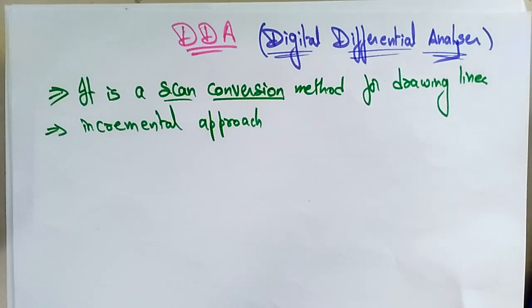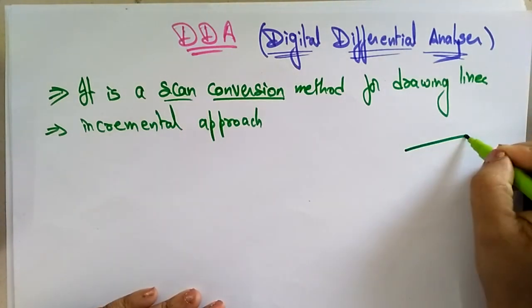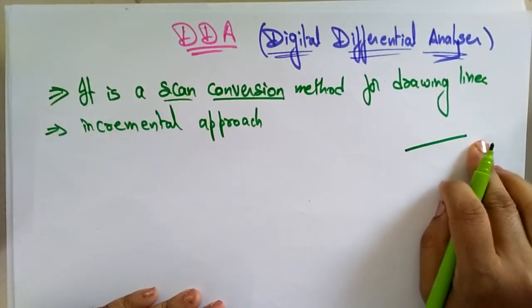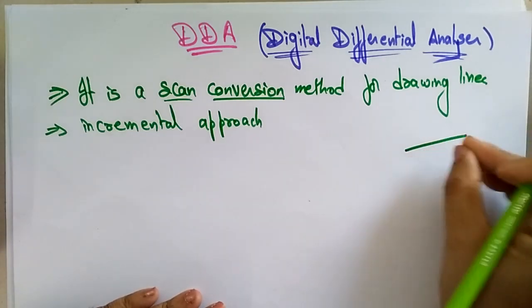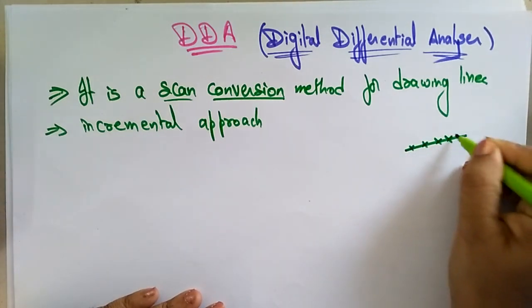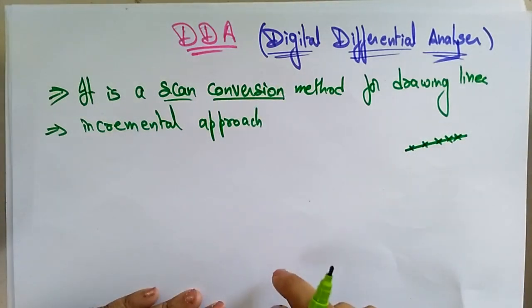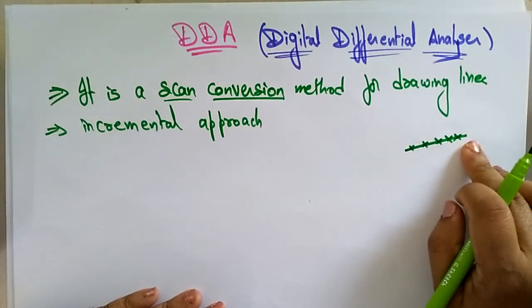That means by taking the help of the previous coordinates, the line can be incremented. If you want to draw a line, you need all the points on that line. Those are the floating points. Why am I calling it an incremental approach?